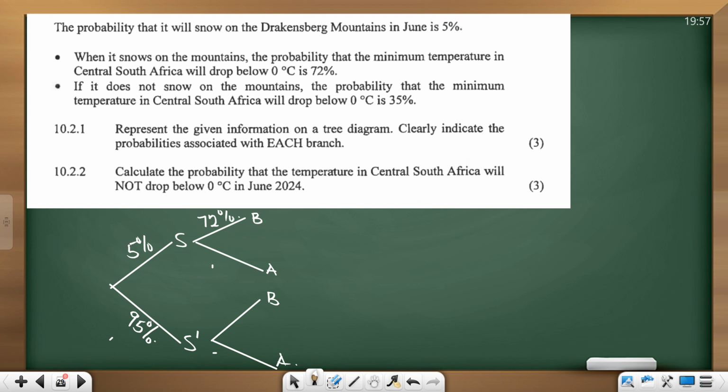What is 100 minus that? If it does not snow, we are under 95%. The probability that the minimum temperature will drop below zero is 35%. What will this be?